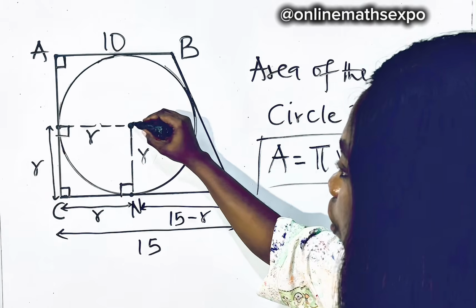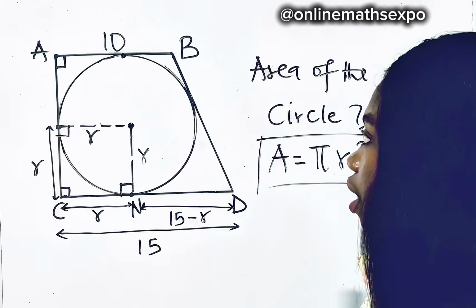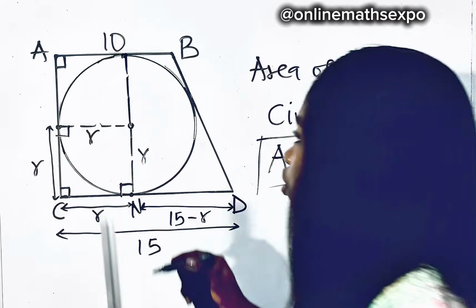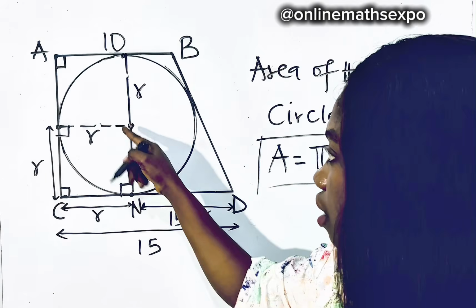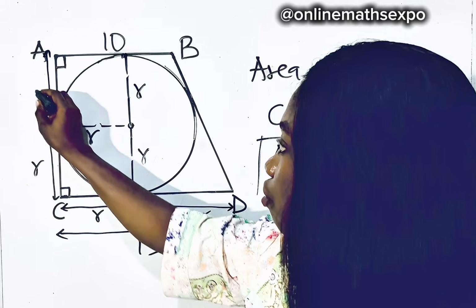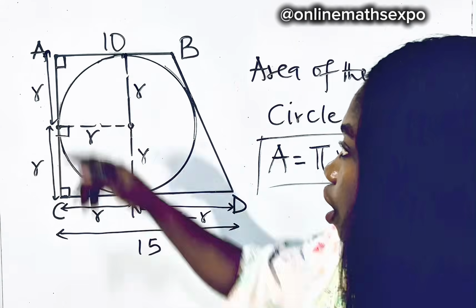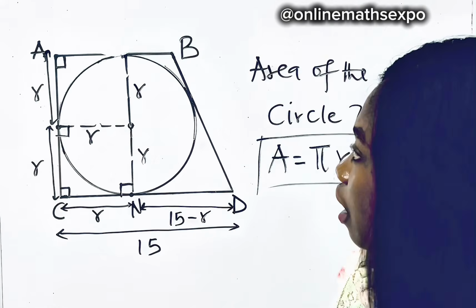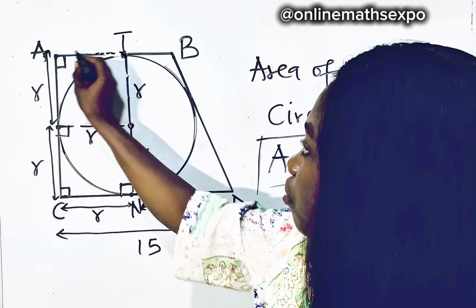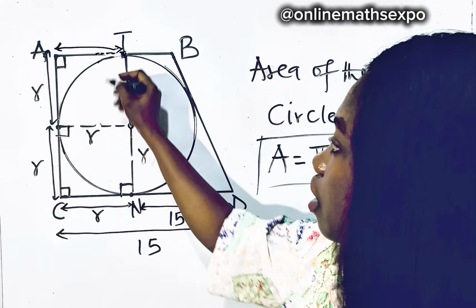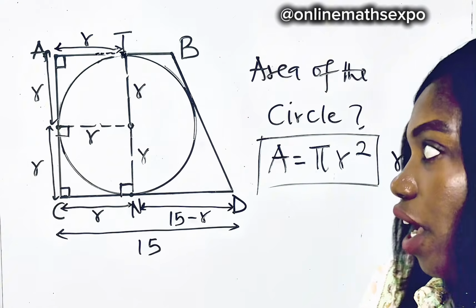We are also free to get another radius from here to touch this intersecting point. Let's do it together. So we join. Now you see what we have. This is your radius. This is also the same as this length. So this length is also going to give us R. And if from here to here is R, we can label this point T. It means that length AT is still going to be R, the opposite side of a square, since the sides of a square are equal.